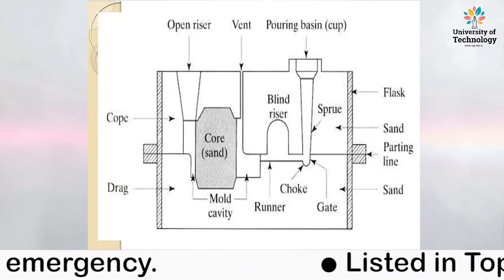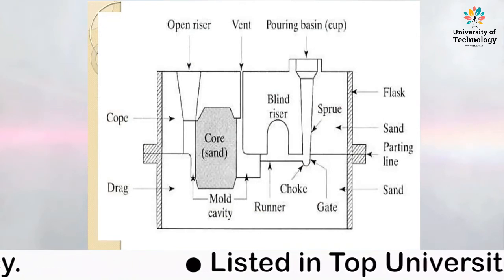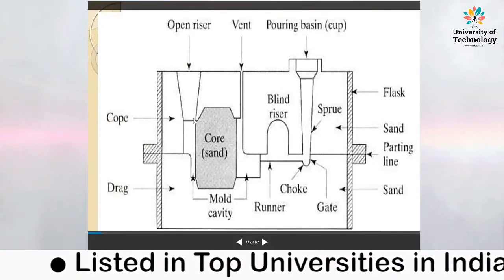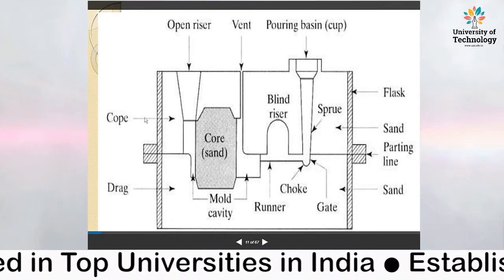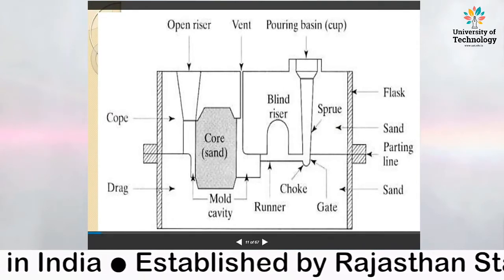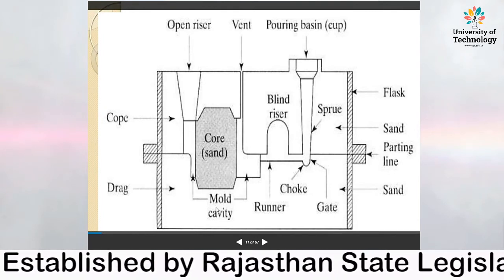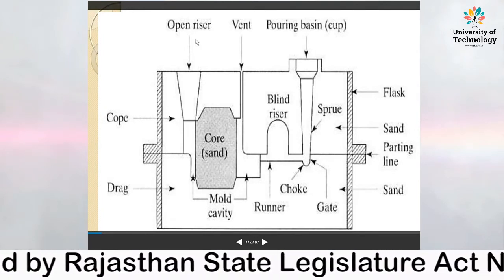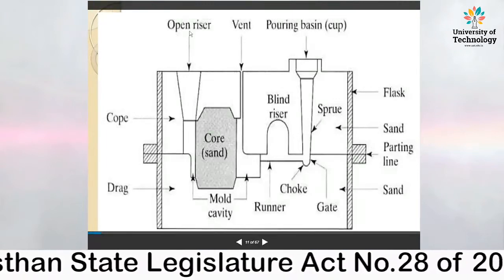That is a cross-section diagram of the mold box. We can see here the cope, and the drag is this, and that is the mold cavity. That part is the upper riser.